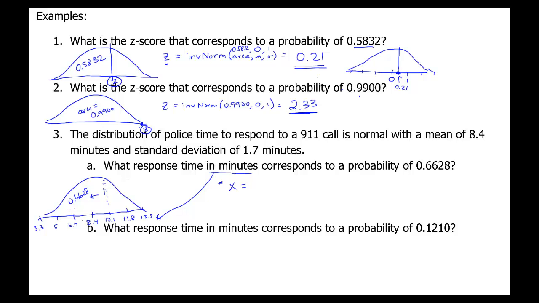So in the calculator, we would put in the area, which is the probability, 0.6628, the mean, 8.4, and a standard deviation of 1.7.